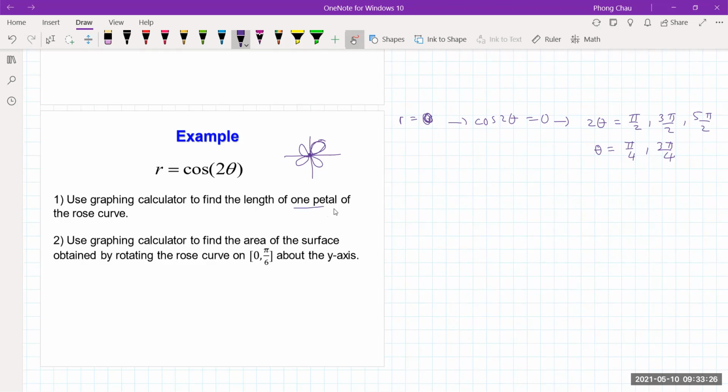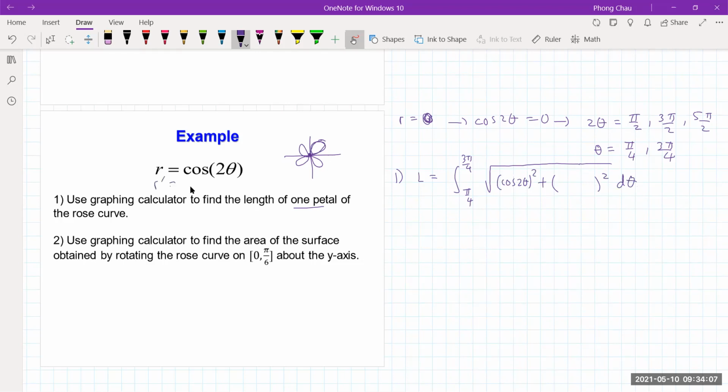This time you find the one petal. And so your arc length will be the integral from pi over 4 to 3 pi over 4 of the square root of r squared. Again, r is this, so we have cosine of 2 theta squared plus the derivative of r squared.